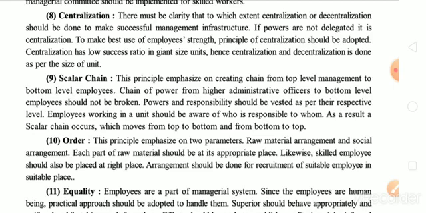This principle emphasizes creating a chain from top level management to bottom level employees. So the chain should be conveyed from top level to middle level and from middle level to bottom level. The chain of power from higher administrative officers to bottom level employees should not be broken.